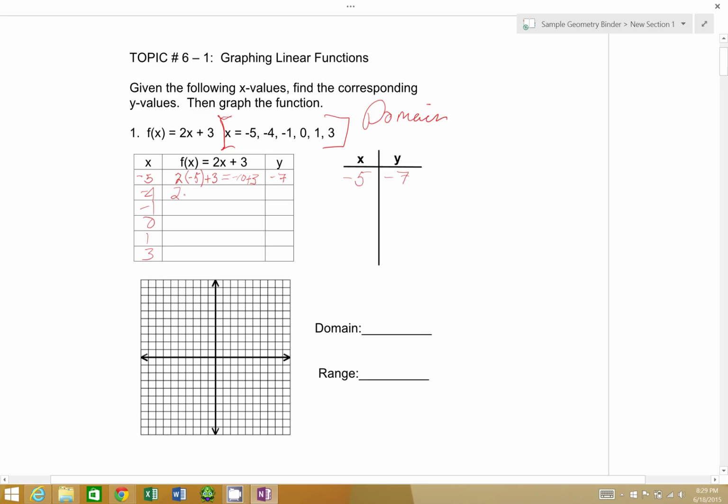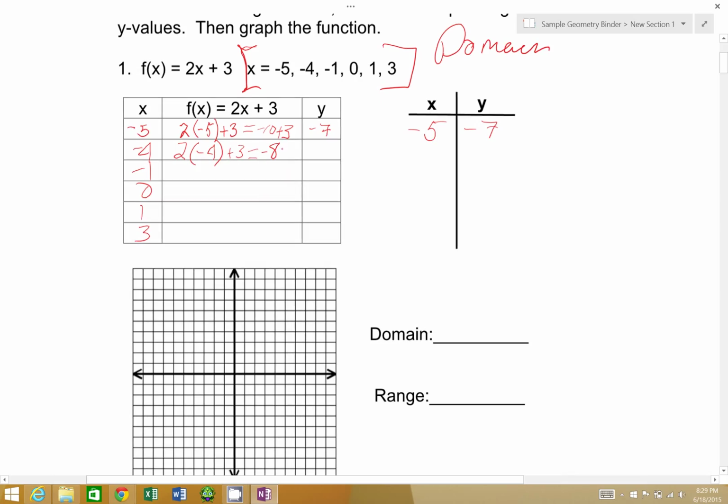My next one, I'm going to do 2 times -4, make sure you're taking notes as I go along, plus 3. That gives me -8 plus 3, which gives me -5.